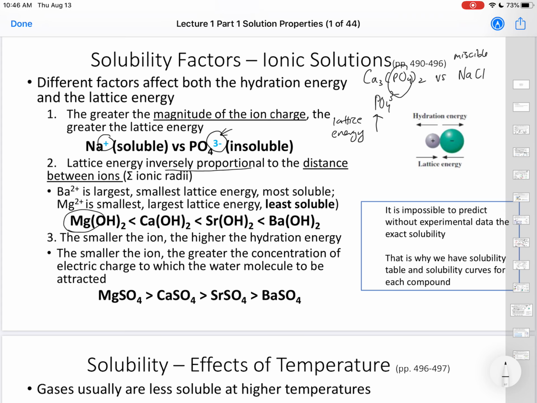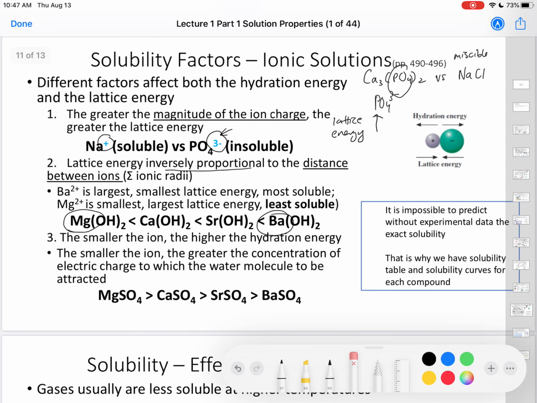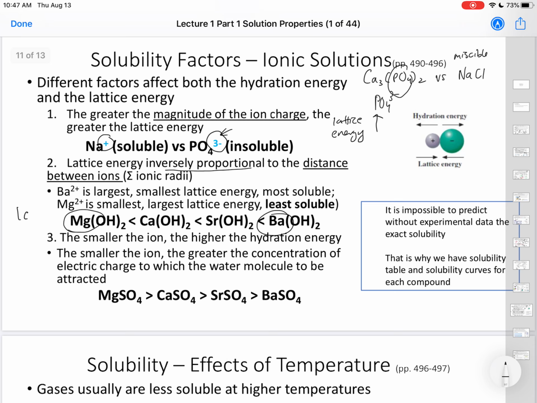So for example, if you have Mg, which is small, and Ba, which is big, the charge is the same, but because Mg is small, the distance between the ions is small, so the lattice energy is larger. Whereas barium, which is big, will have the smallest lattice energy.